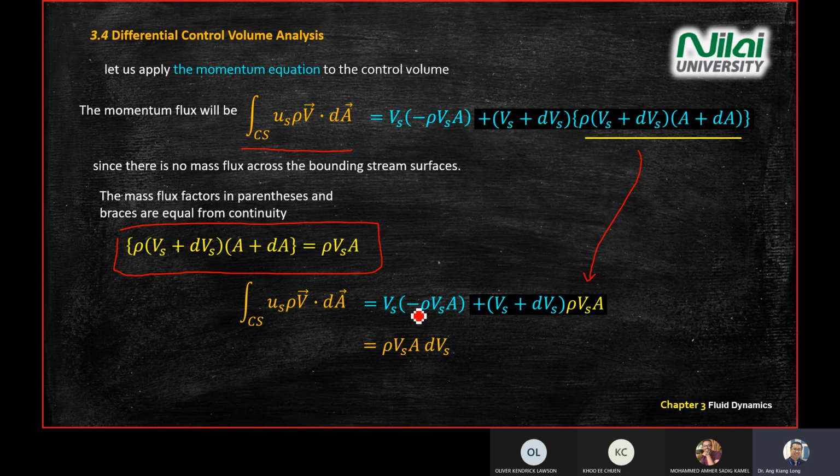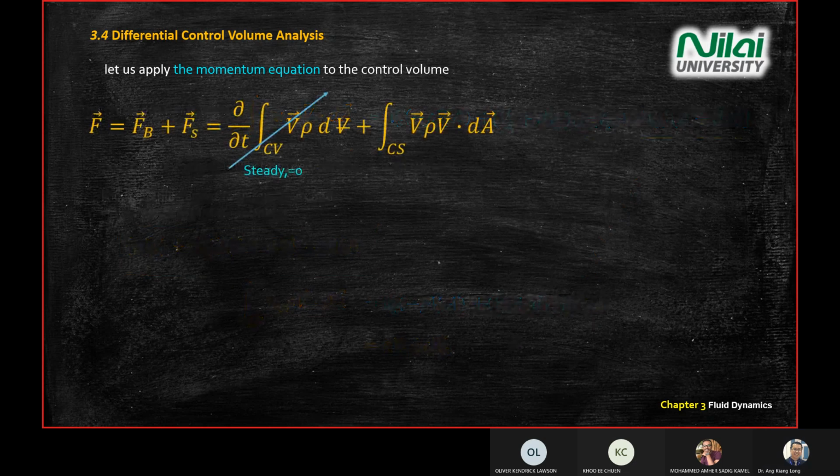Then you simplify the mathematical model over here. You multiply and then simplify, and you arrive at this term here. So the integration of the momentum flux over the control surface will equal rho VA dVs. Then you go back to the equation and substitute what we derived just now.